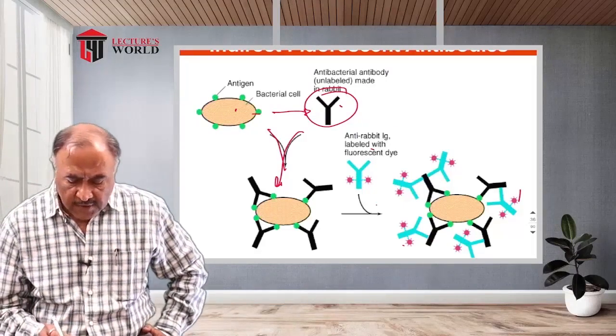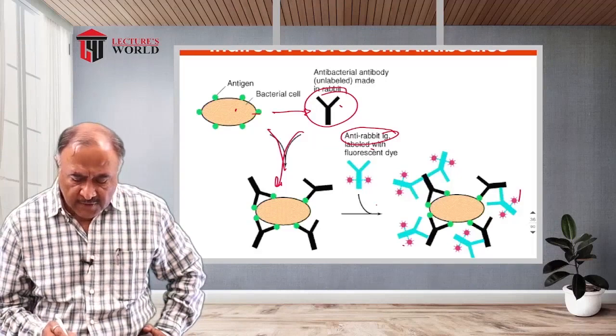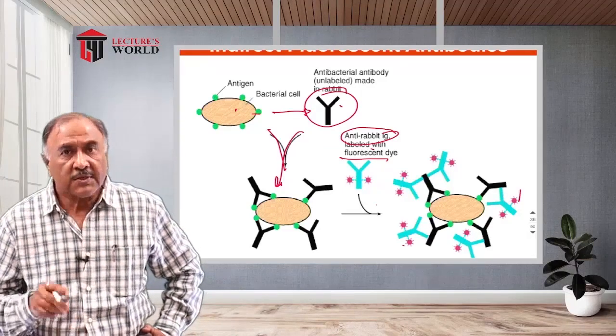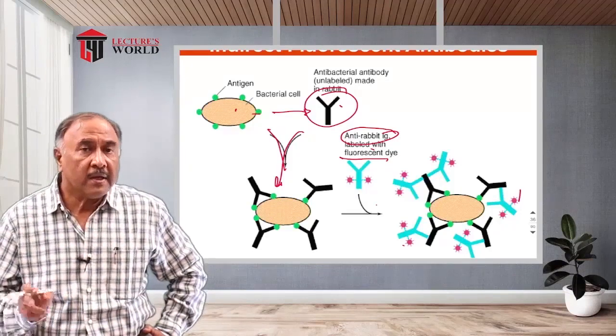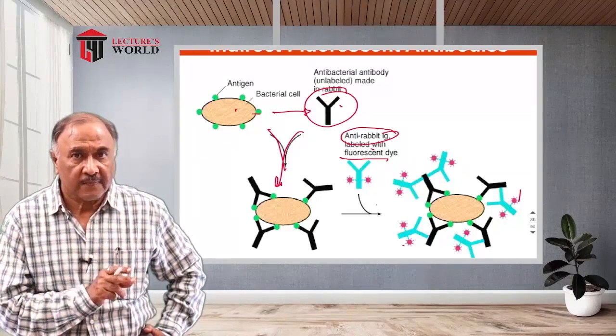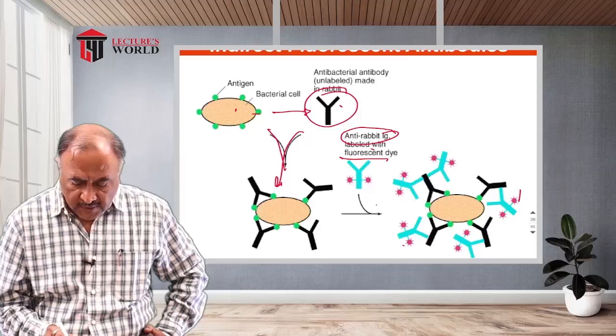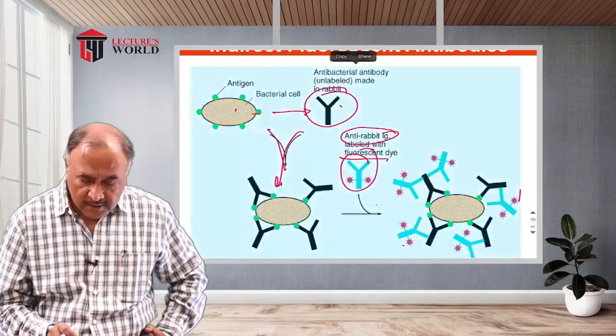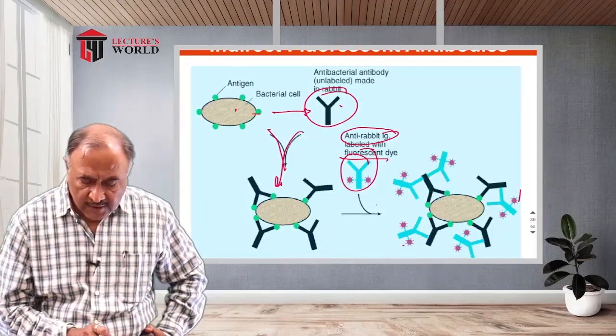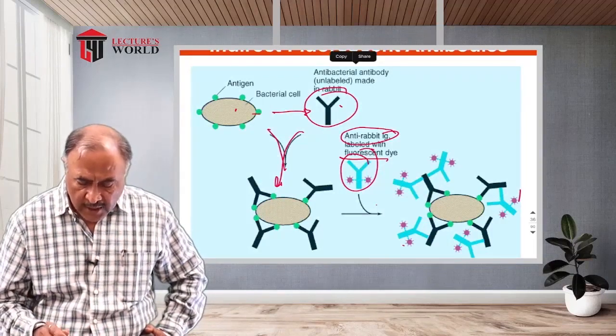So, it is reacted with anti-rabbit IgG which is labeled with fluorescent dye, so it is an antibody against the first antibody. This is the one in blue color. The primary one was in black color. This color is used for differentiation, and this is the tagging done here.